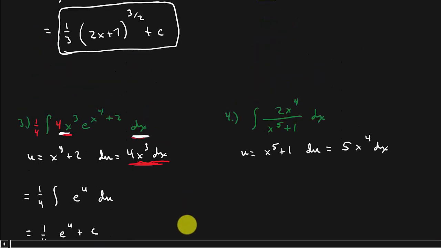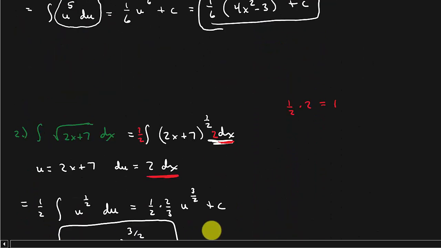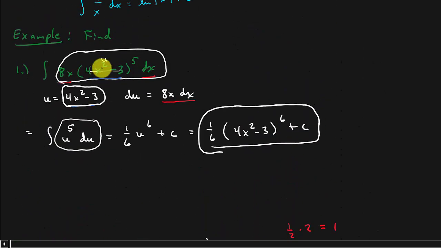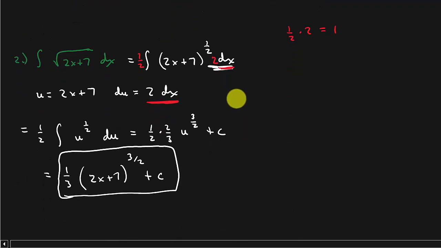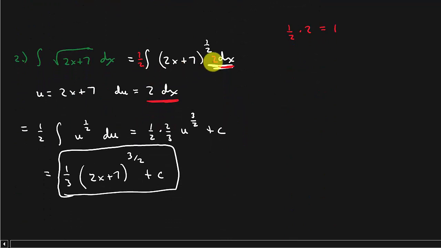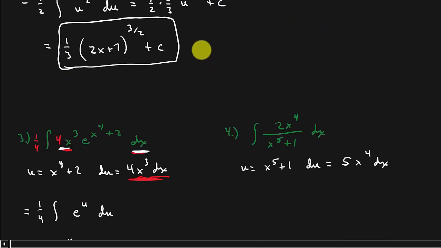If you notice in this problem right here, when I let u equal 4x squared minus 3, I got du is 8x, and that matched exactly, so we didn't have to do anything. In the next problem, we were missing the 2, so we multiplied by 2.